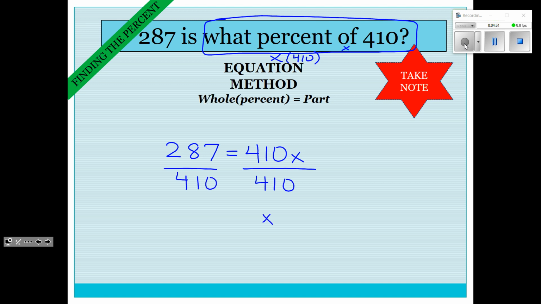We're going to get a decimal, and then we're going to convert that decimal into a percent. 287 divided by 410 is 7/10. So to turn a decimal into a percent, we multiply it times 100, which means we move the decimal 2 places to the right, which would give us 70%.